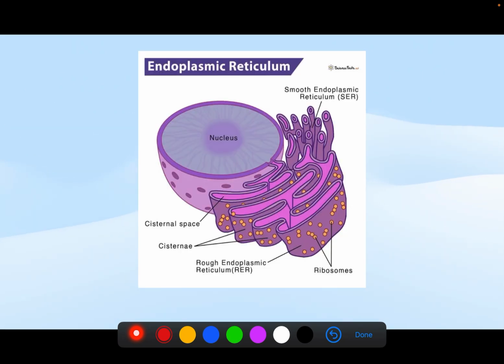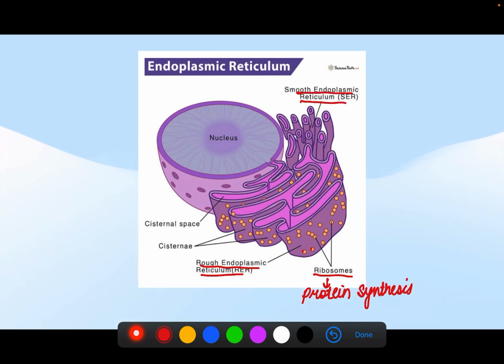Now we have the endoplasmic reticulum diagram. The endoplasmic reticulum remains in contact with the nucleus. So let's see the diagram. Rough endoplasmic reticulum has granule-like structures known as ribosomes, which help in protein synthesis. And SER does not contain ribosomes.